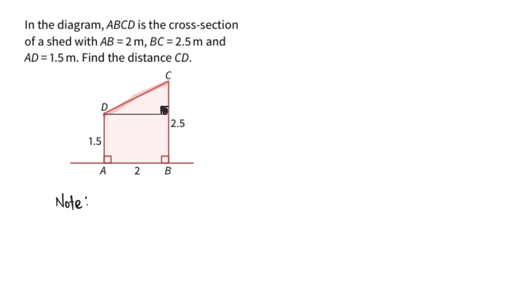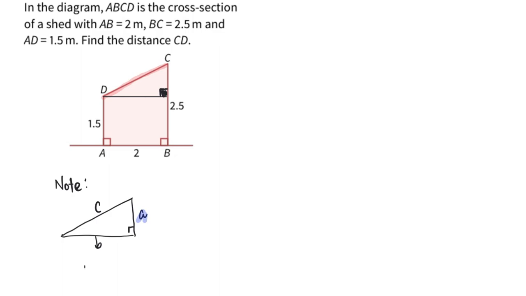Because I do remember that given any right angle triangle, if this is my A, B and C, let me shift it up a little. A square plus B square do give me C square by Pythagoras theorem. And so I would then need to find this particular length.